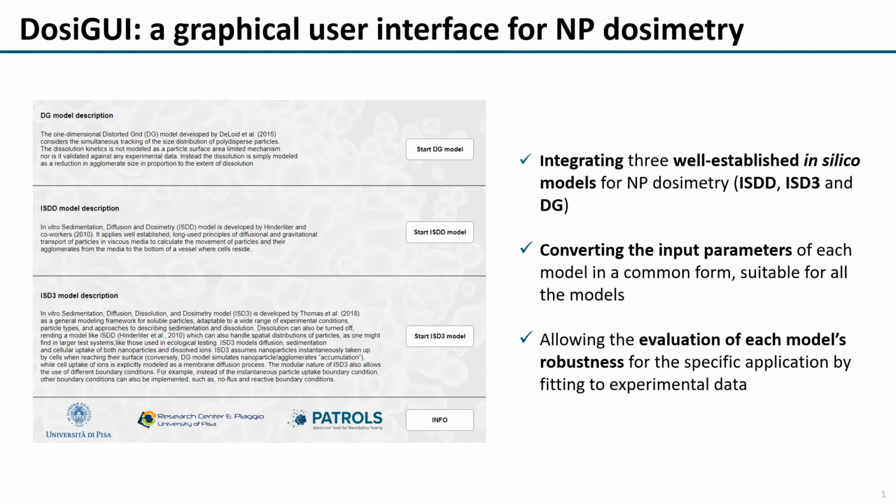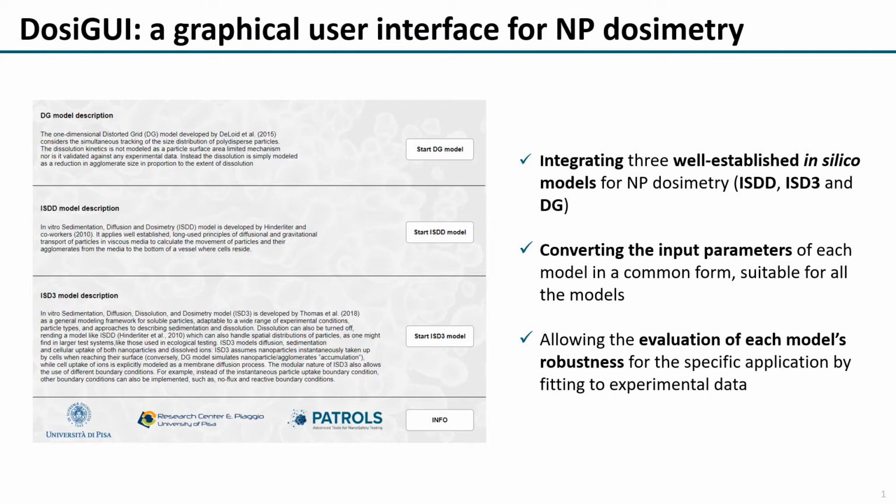What we have done here is to convert the input parameters for each of these models into a common form that is suitable for all 3 of them, and allow the evaluation of each model's robustness to different specific applications by fitting it to the experimental data.